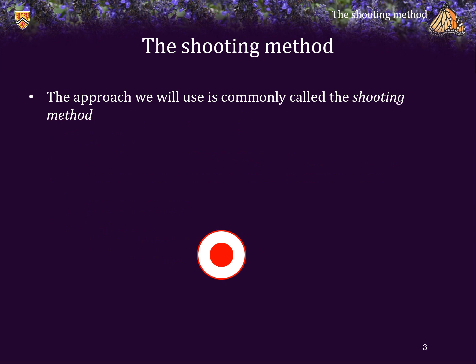Now, the technique we're going to look at first is commonly referred to as the shooting method, specifically because it refers to how one would try to hit a bullseye at a significant distance without adjusting sights. So suppose you're aiming at a target and you're trying to hit that target at, say, 1 kilometer.